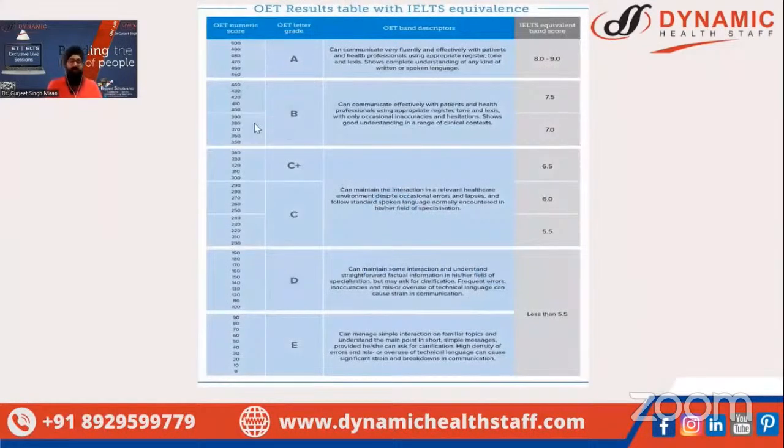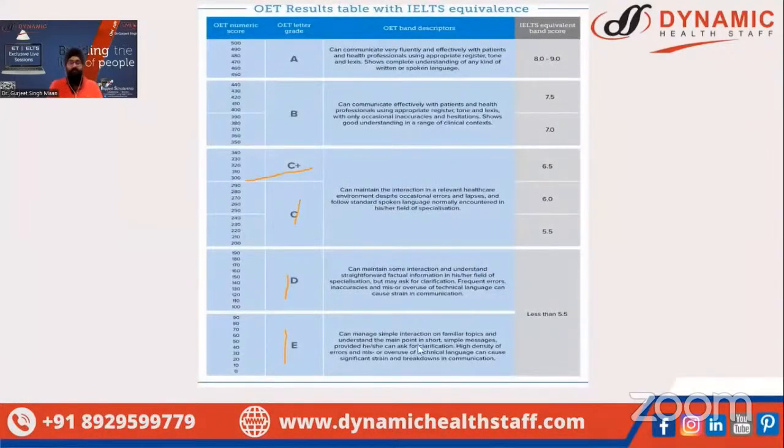If you get more than 450, you will get A. From 350 to 440, you will get B, and 300 to 340, C plus. This is the least requirement to get entry to any country. So C plus is the basic requirement. Below that, C, D, and E are not acceptable anywhere, so we won't be focusing on those.